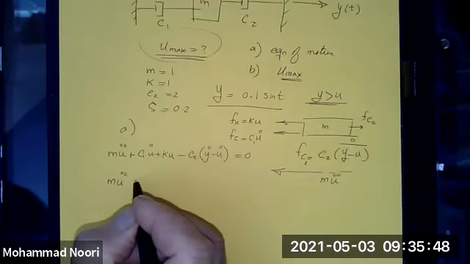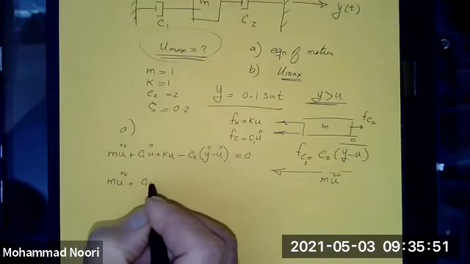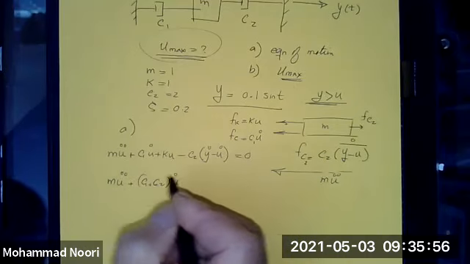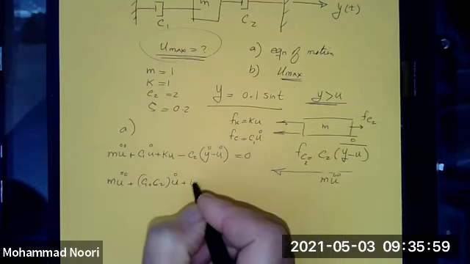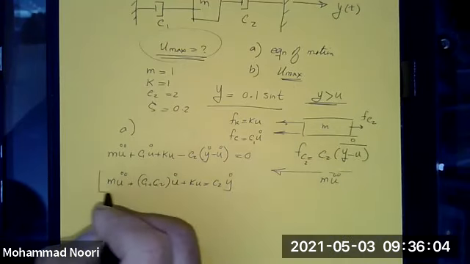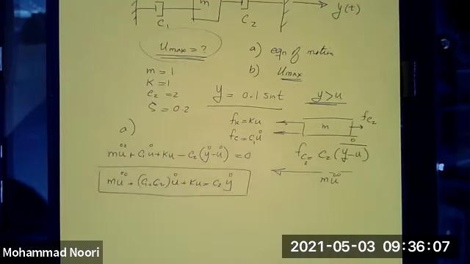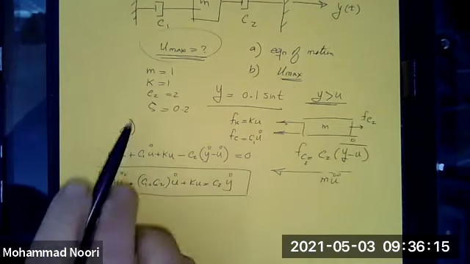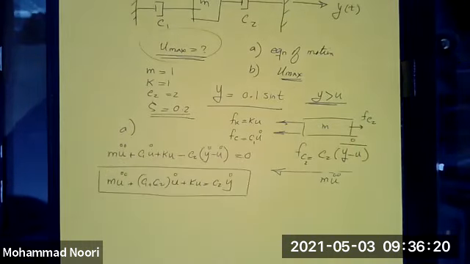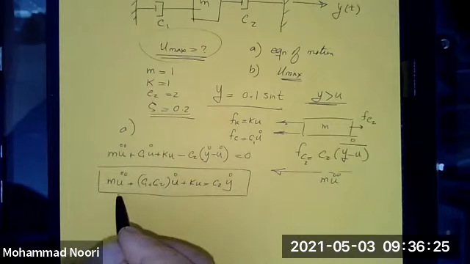So let me simplify this. You have m u double dot plus (c1 plus c2) u dot, plus ku, is equal to c2 y dot. So this is the equation of motion, where of course y is given, the function for y. Since the values are given in terms of the damping ratio, I will convert this to the alternative form of the equation of motion.